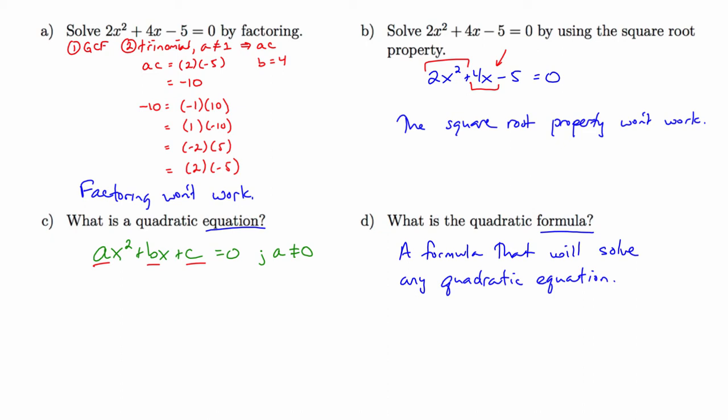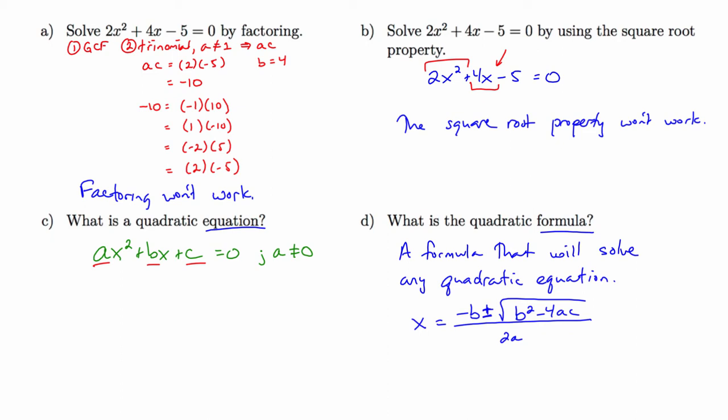So the formula is stated like this. x equals the opposite of b plus or minus the square root of the quantity b squared minus 4ac, all of that over 2a. The first time you're presented with the quadratic formula, there's usually a little bit of shock. It is fairly complex looking. What we will do through the next few examples is make sure that we become comfortable working with it.